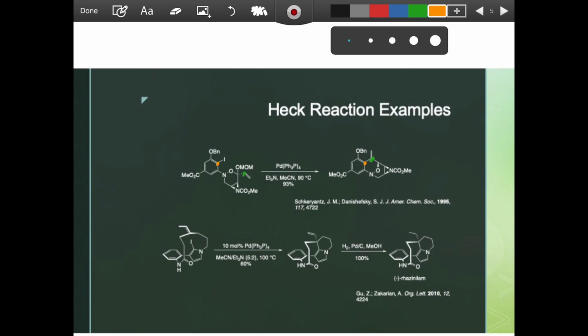So if we look here, this double bond right here, when we react with it, we'll draw a shortened version up here.